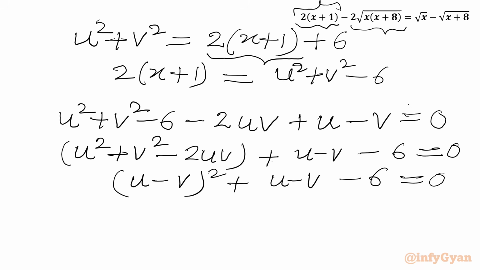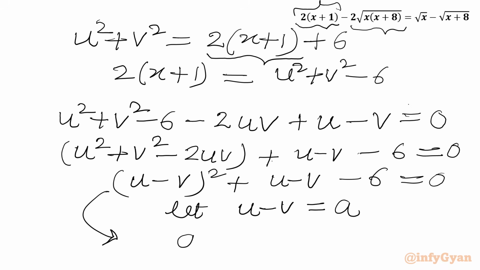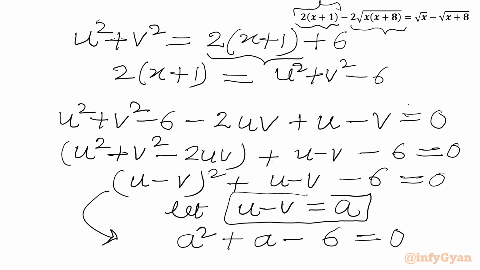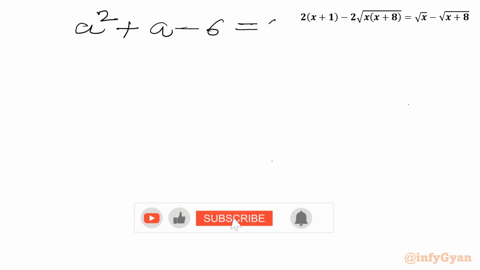This is one quadratic equation in u minus v. So let us assume u minus v equal to a. So our equation will become a square plus a minus 6 equal to 0. Remember, a is u minus v, and u is square root of (x plus 8), v is square root of x. Now we will solve a square plus a minus 6 equal to 0.